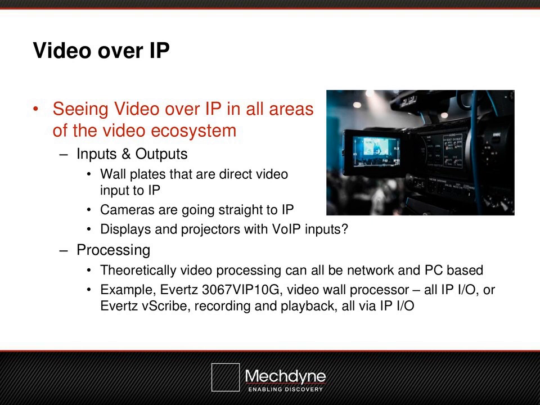What's cool about video over IP is that you can have a video processor that only has network connections to it. So the video streams come in as a network, they're processed as a video wall inside the device, and then they're output back out as a network stream. And so it's all network-based. It's essentially a rack mount network box that you just connect up to your network switches. And it becomes a very easy way to do things like video wall processing or perhaps recording and playback.